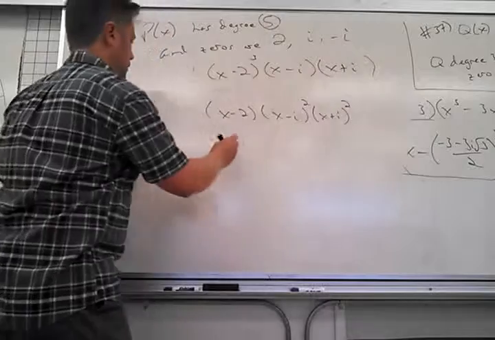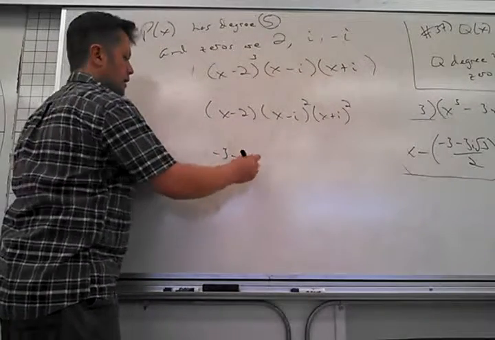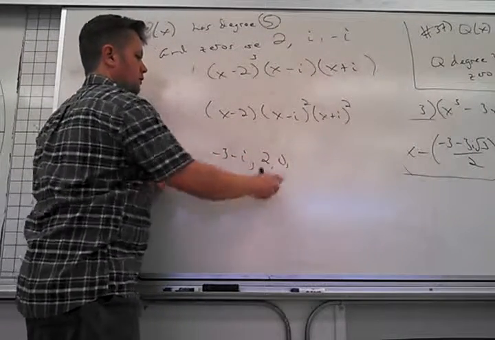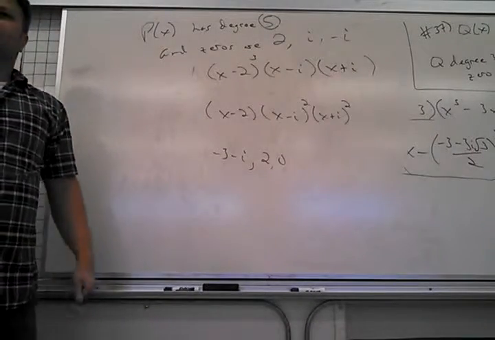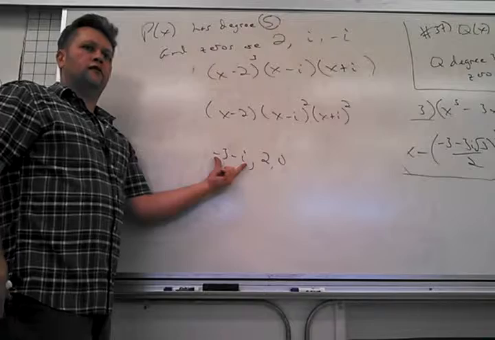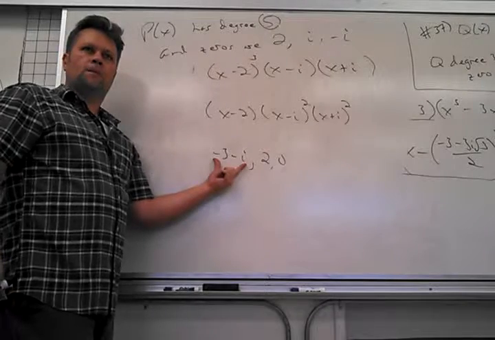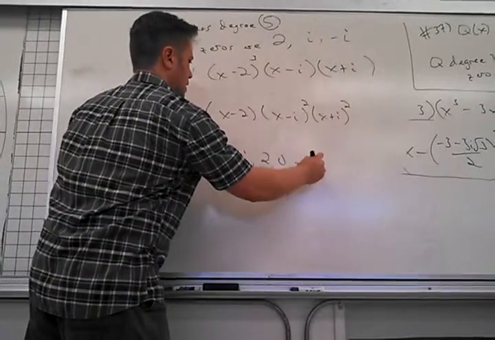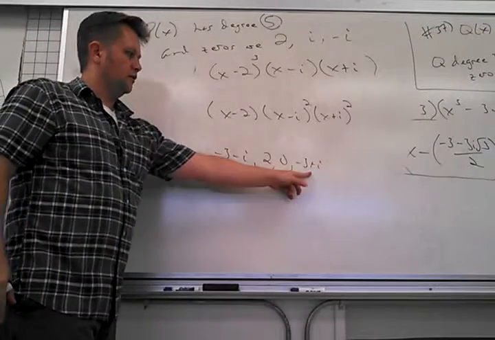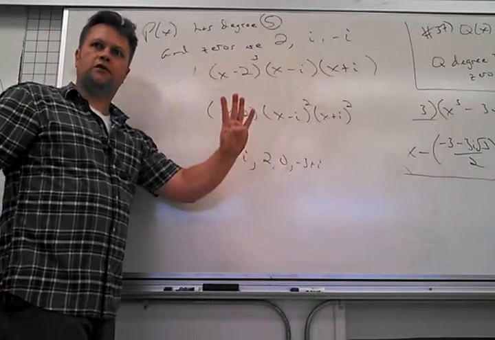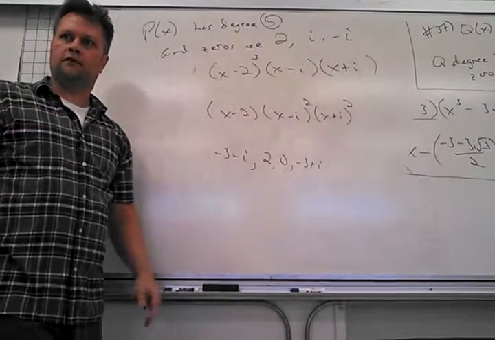But you can imagine I could say 0, -3 minus i, 2 and 0, and it's degree 7. Well, if it's got this guy, it has to also have -3 plus i, and it's supposed to be degree 7. This would only be degree 4 so far, so you make the multiplicity so that it becomes 7.